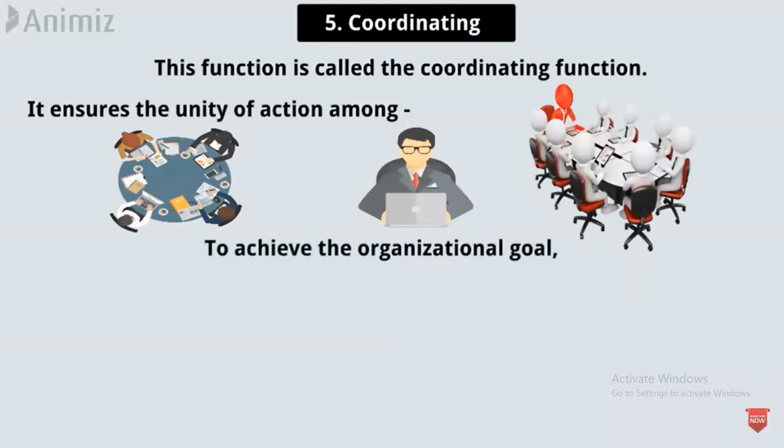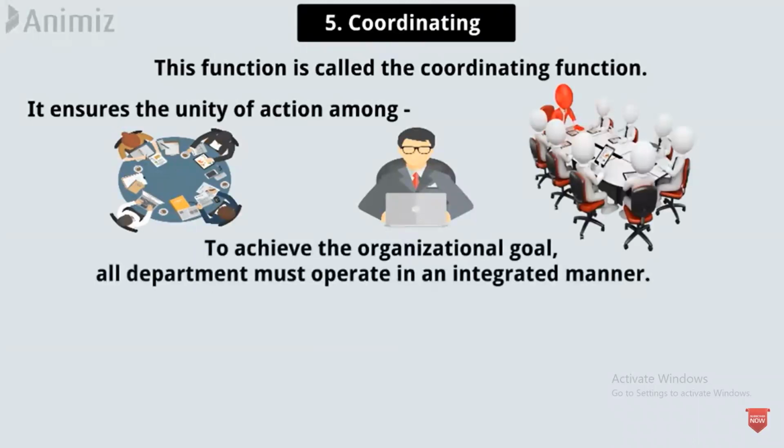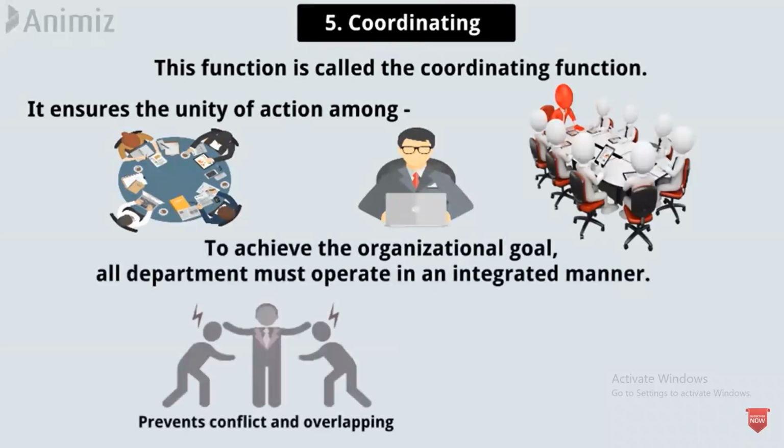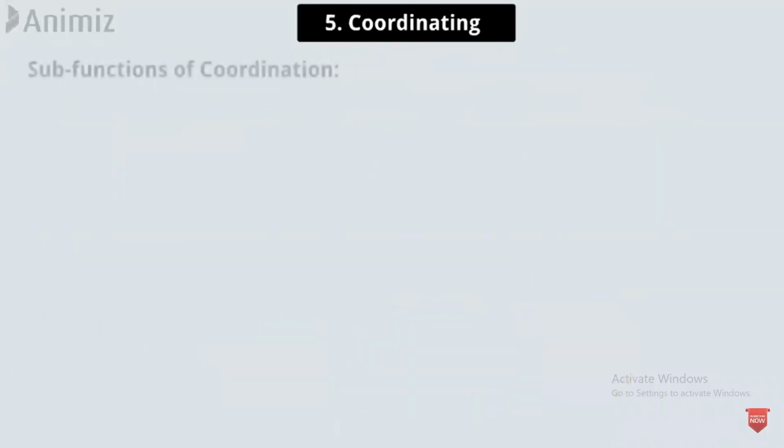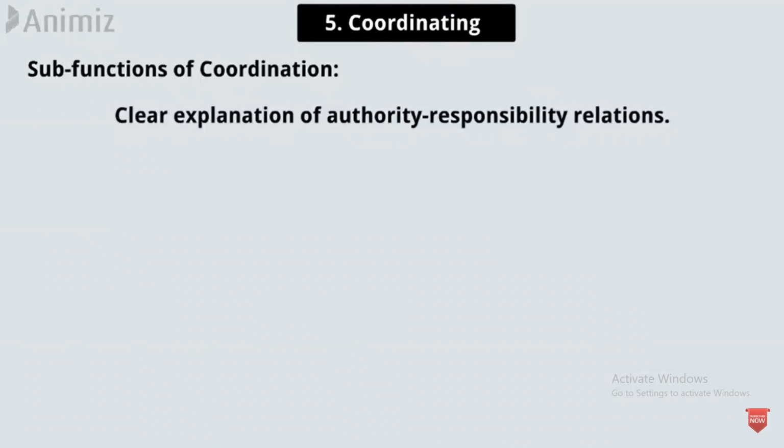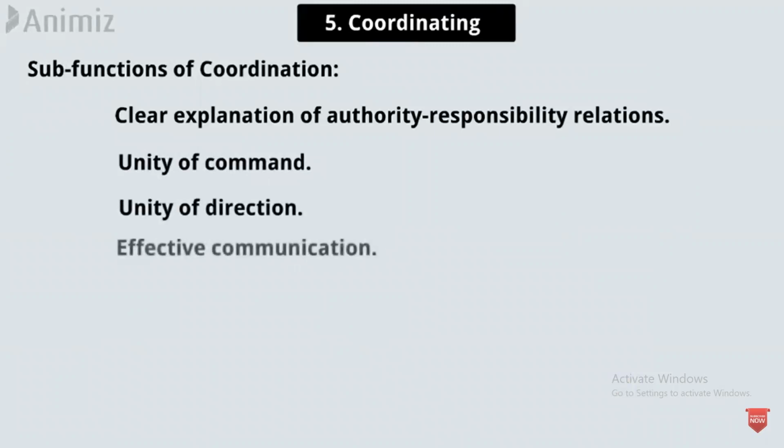To achieve the organizational goal, all departments must operate in an integrated manner. Coordinating prevents conflict and overlapping so that the unity of the action remains unchanged.